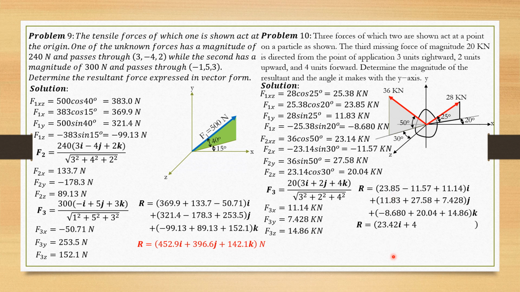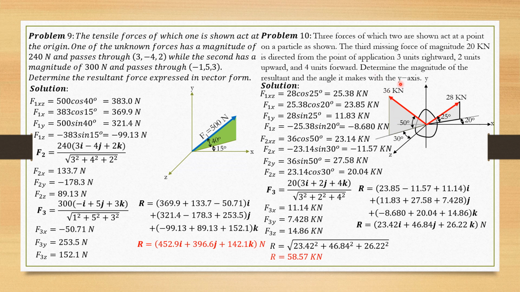So combining, we have R equals 23.42 i plus 46.84 j plus 26.22 k kilonewtons. So the magnitude is square root of 23.42 square plus 46.84 square plus 26.22 square. So the magnitude is 58.57 kilonewtons.